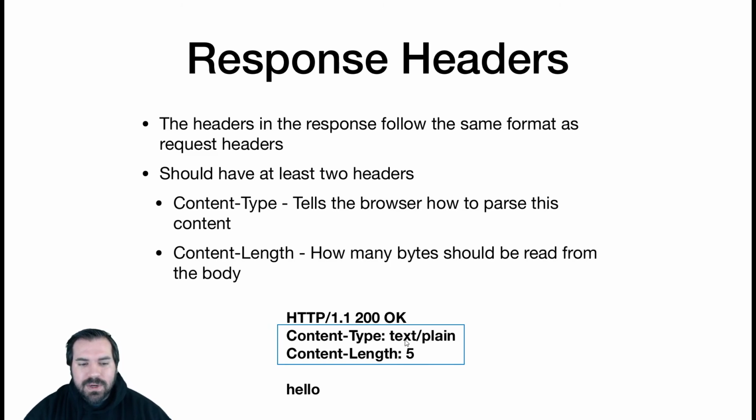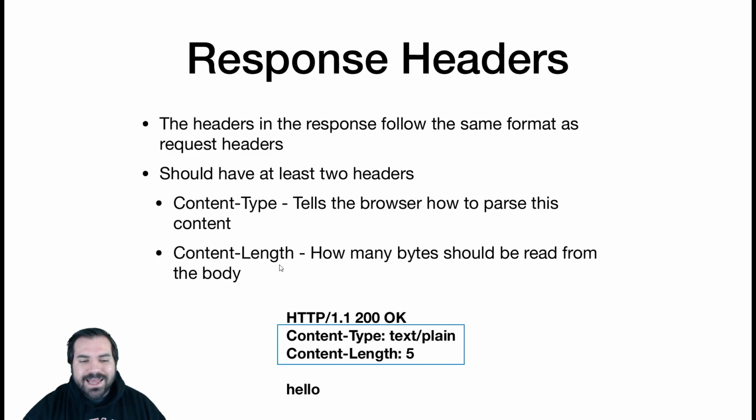In this case, we're going to send plain text, so text/plain is going to be the content type. We will talk about a lot of different content types as we get into homework 2, where we're going to serve HTML, CSS, images, and JavaScript. Those will all be different content types. For now, we're going to send plain text, which will just be displayed as text in the browser. It won't be rendered as HTML.